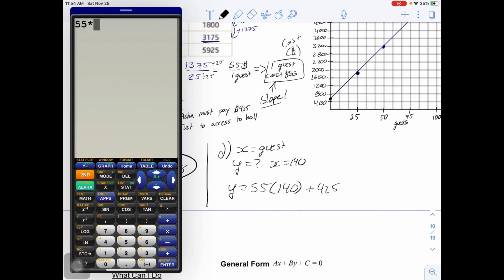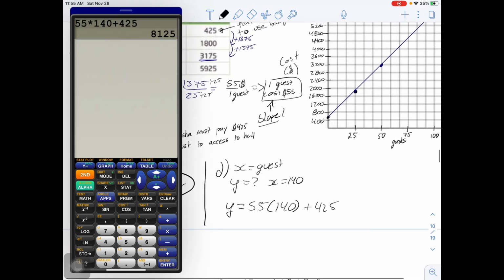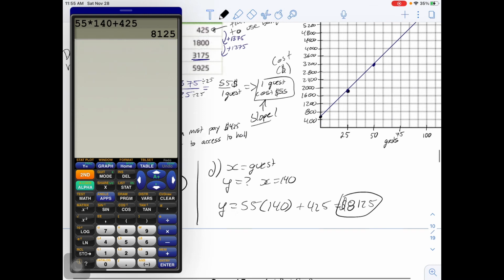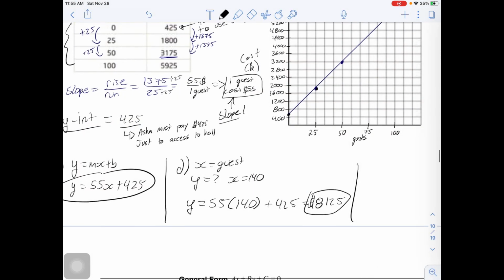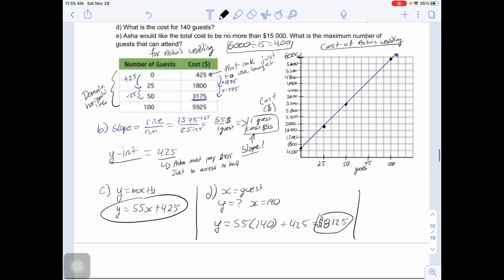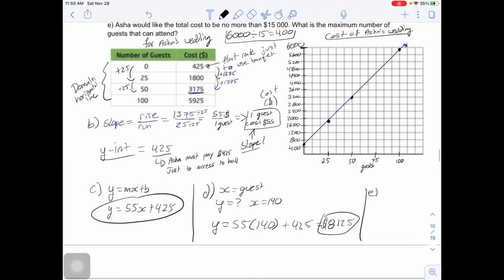So 55 times 140 plus 425 will give me a pretty expensive wedding, $8,125. So it's going to cost that much to just invite 140 people. Once you get older, you'll learn how expensive weddings really are.